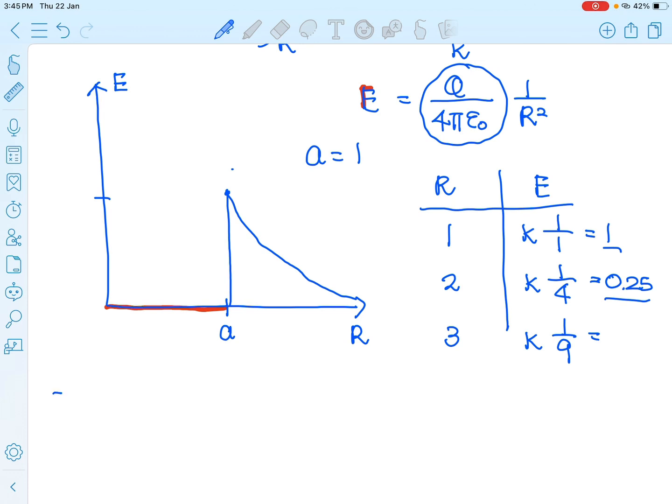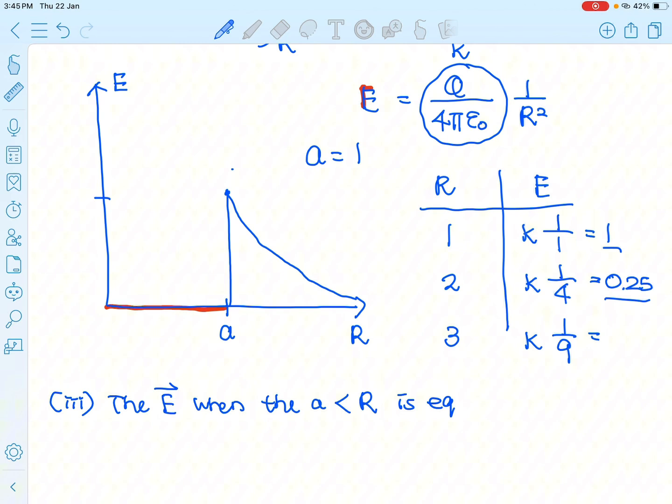So you can say that the electric field, when r is less than a, is equal to 0. Just mention equals to 0.